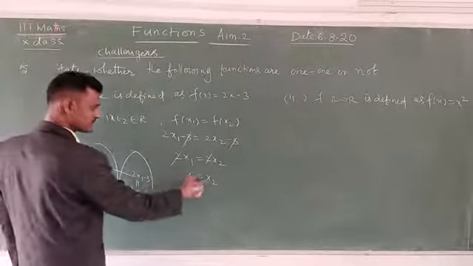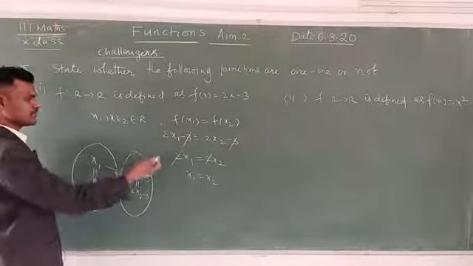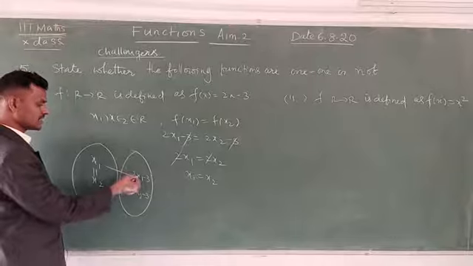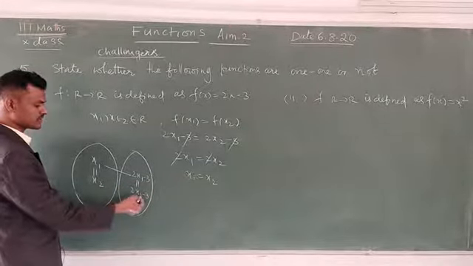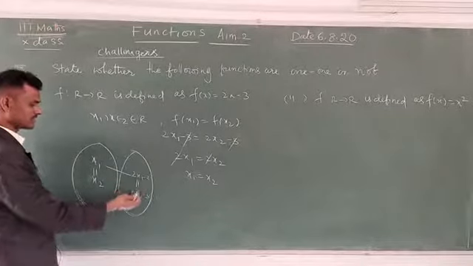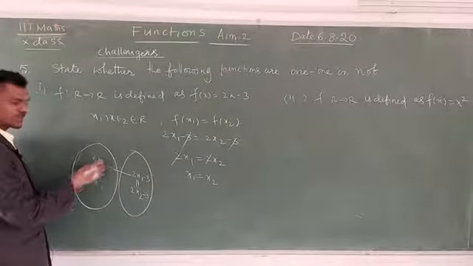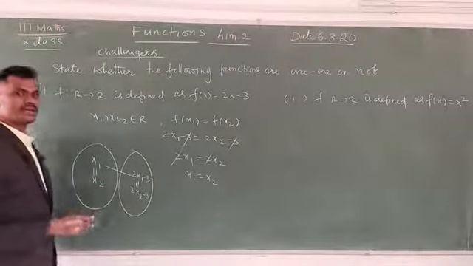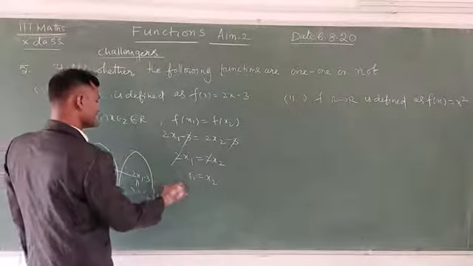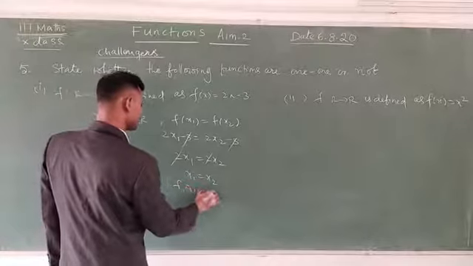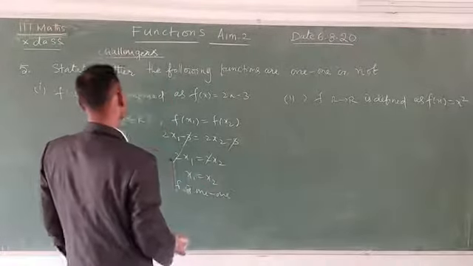But here x1 is equal to x2 means both have the same image. Same image means 2x1 minus 3 is also equal to 2x2 minus 3. Both are equal, left and right-hand side. In the domain also both elements are equal. That means different elements have different images. That's why f is one-one from R to R.